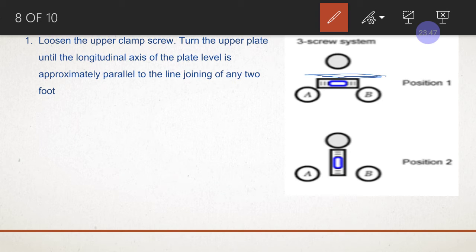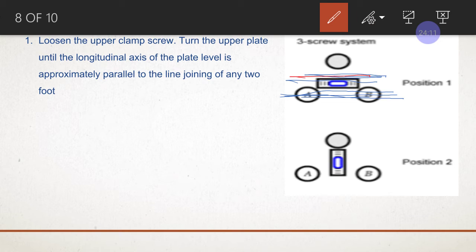This is the axis of the bubble tube, and this is the axis of these two foot screws, right? So first you're going to open the foot screws and turn it in such a way that the axis of the bubble tube and the axis of the two foot screws are parallel to each other. You can see here they are parallel to each other, right?